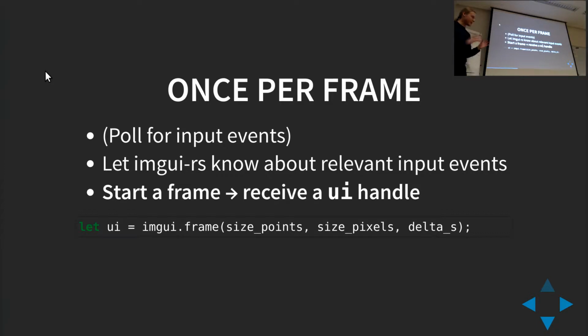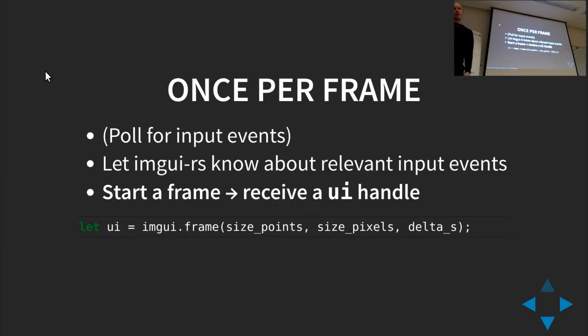It's important to pass both. There's also this delta seconds parameter, which is the time that has passed since the last frame. This is used for things like counting time for double clicks and these kinds of things. So it's important that you have a realistic value there.